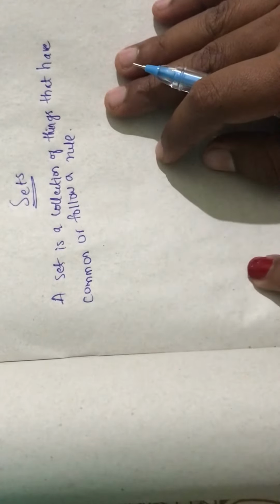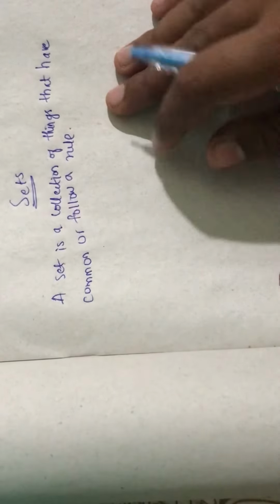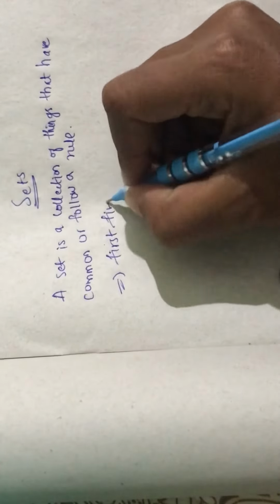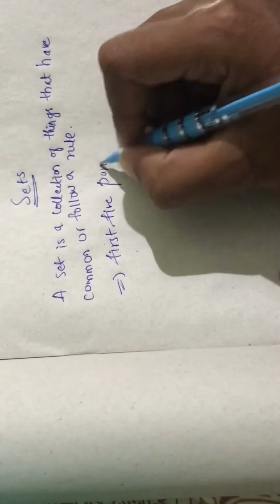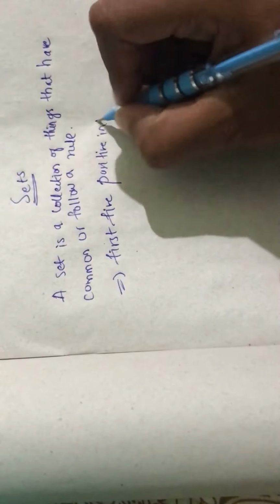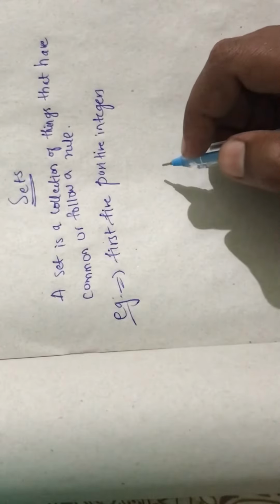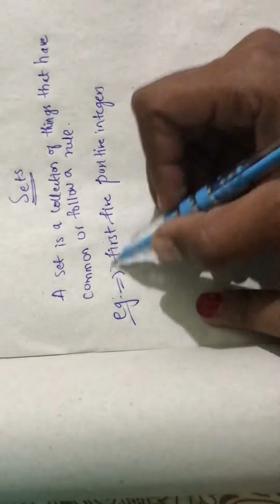So what is a set? For example, if we consider the first 5 positive integers, let us consider this as an example. I am going to define what a set is using this example.